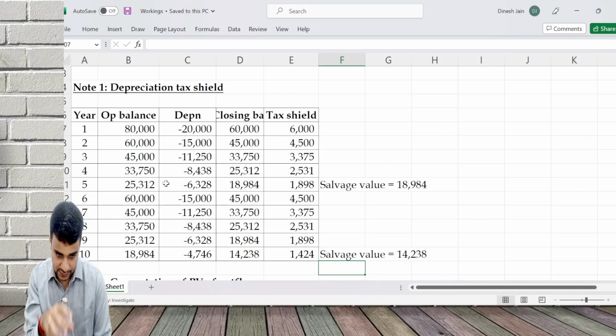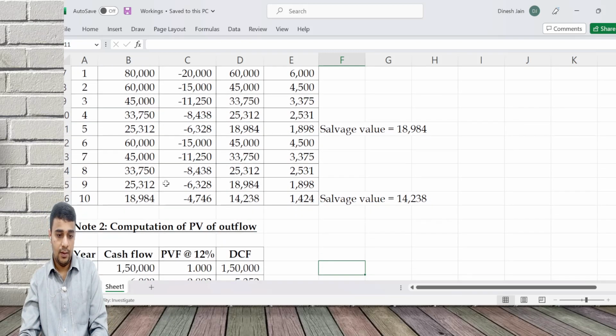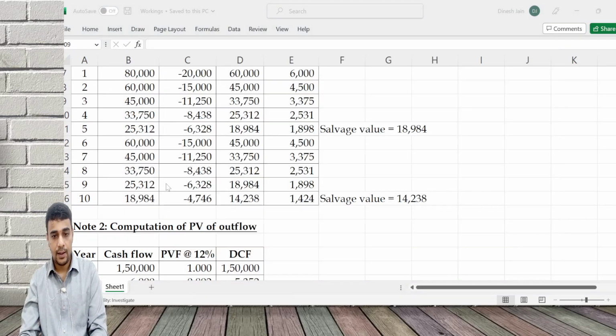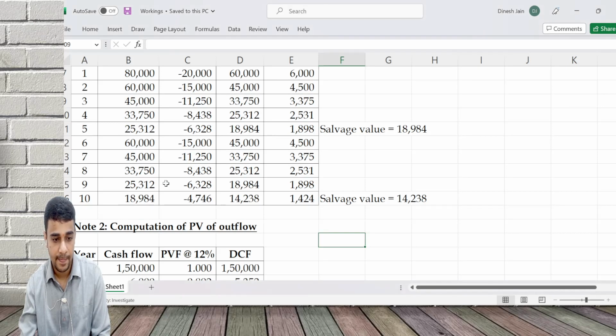Then buy another for 60,000, use it for 5 years, sell it for 14,238. In case you have not noted down, you can pause the video and complete noting it, because it's the same calculation. I don't want to spend much time on this.